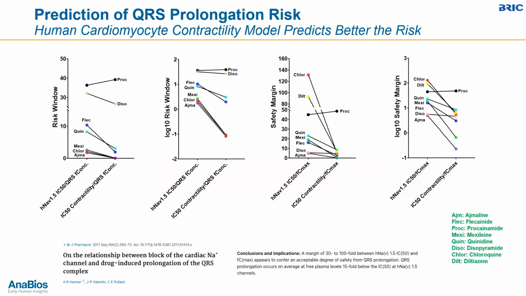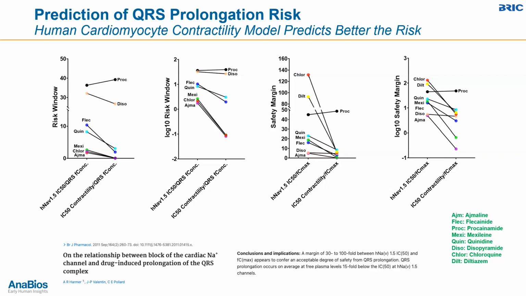Also, the contractility model can be used to better predict compounds that may cause prolongation of the QRS complex. Again, this is a study that was published by AstraZeneca, where the conclusion is that QRS prolongation occurs on average at a free plasma level 15-fold below the IC50 at NaV1.5.